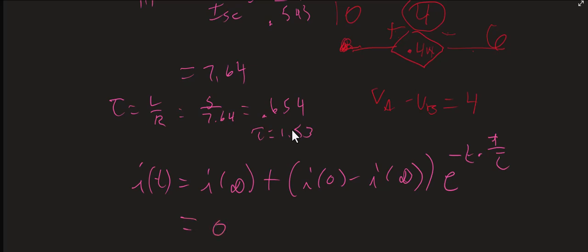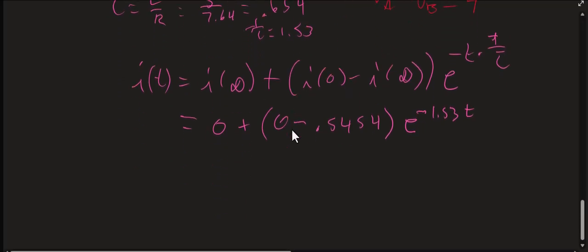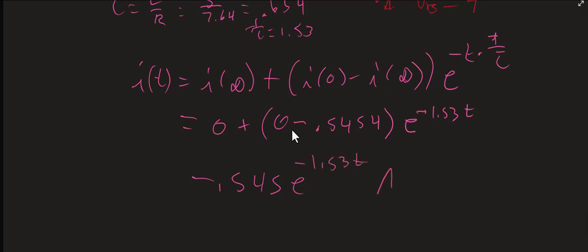So that would be 0 plus 0 minus 0.5454 e to the negative 1 over tau, e to the negative 1.53 t, or negative 0.5454 e to the negative 1.53 t amps is I of t.